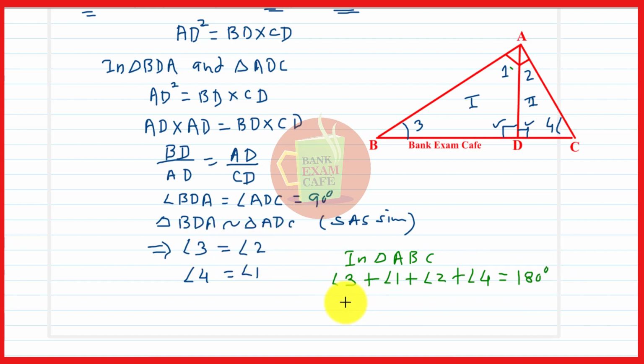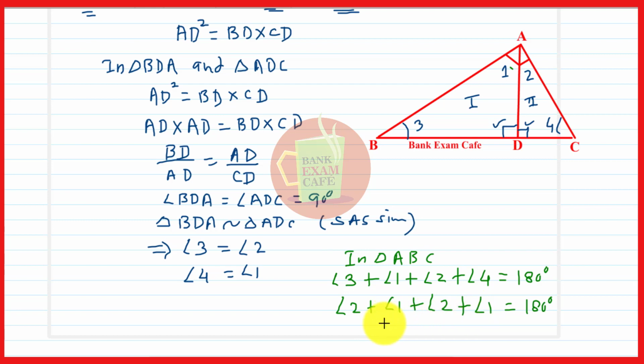But angle 3 is equal to what? It is angle 2. So this is angle 2 plus angle 1 plus angle 2, and angle 4 is equal to angle 1, so plus angle 1, which is equal to 180 degree.